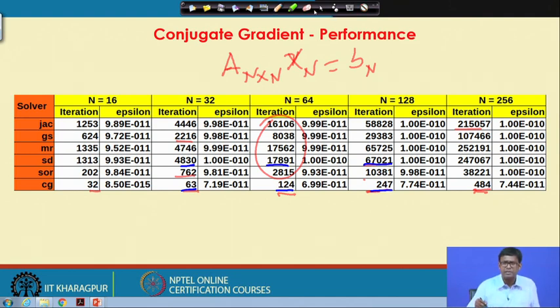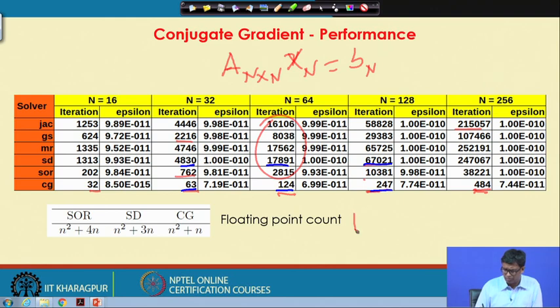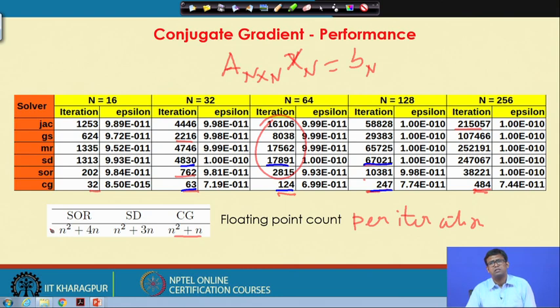Also, there is one matrix-vector product and a few vector products. If we compare the floating point count per iteration, we can see that this is of order n square plus n, which is actually less than successive relaxation or steepest descent.